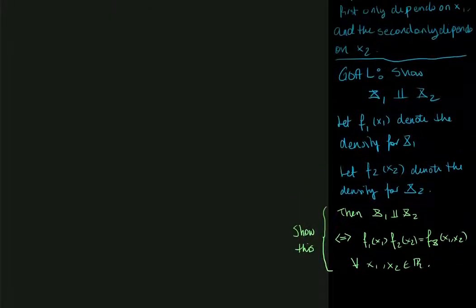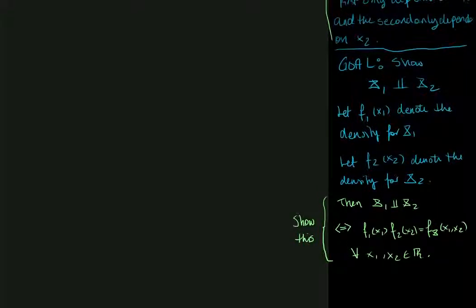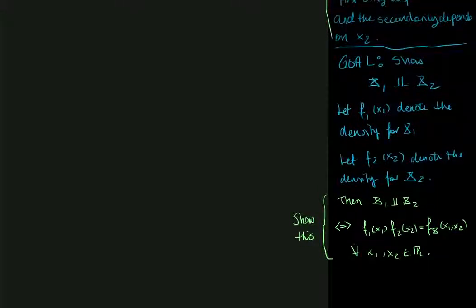And what we know is this thing up here. So what we know is actually that the density can be written as the product of g1 and g2 for two functions g1 and g2. So we want to show the simultaneous density can be written as the product of the two marginal densities.